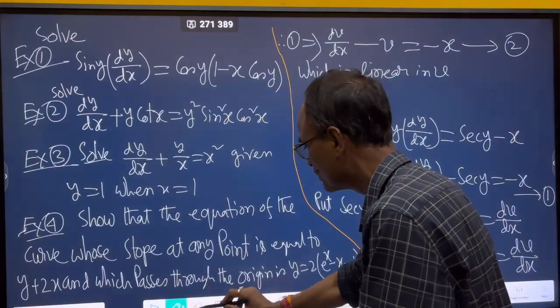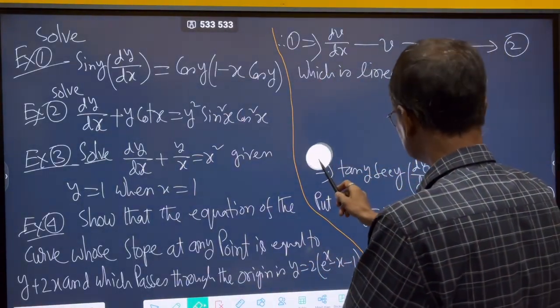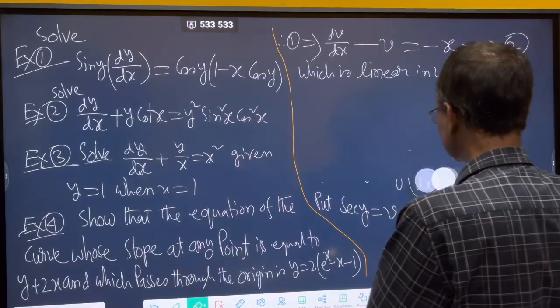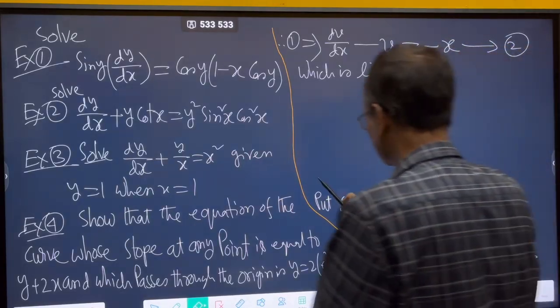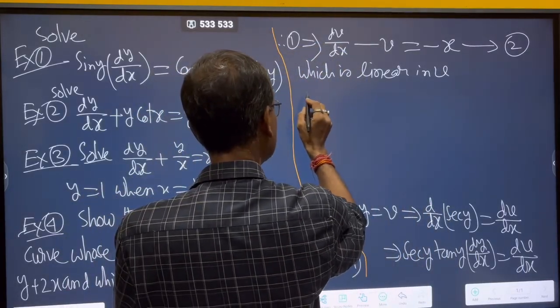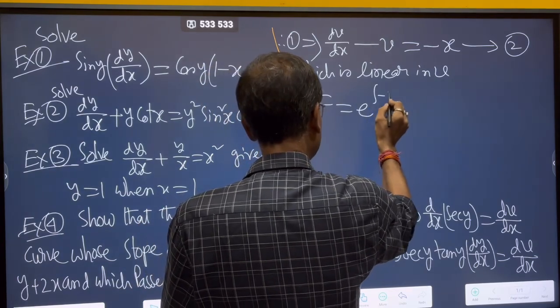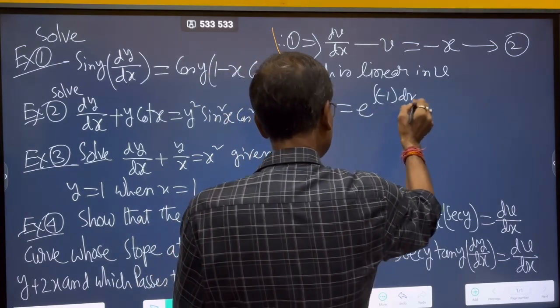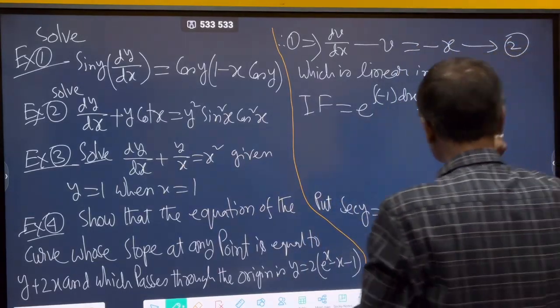Integrating factor equals e to the power integral of P dx, where P is minus 1, so this is equal to e to the power minus x.